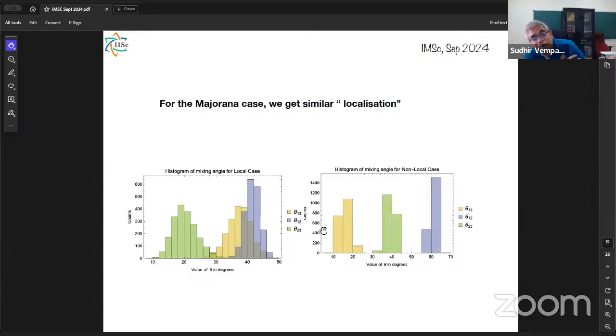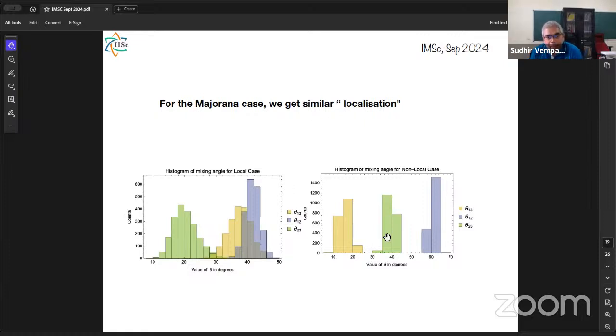You don't localize the wave functions, but you localize the mixing angles. Here too, the reverse is the case compared to the Dirac case. The variance is larger for the local case compared to the Dirac case.